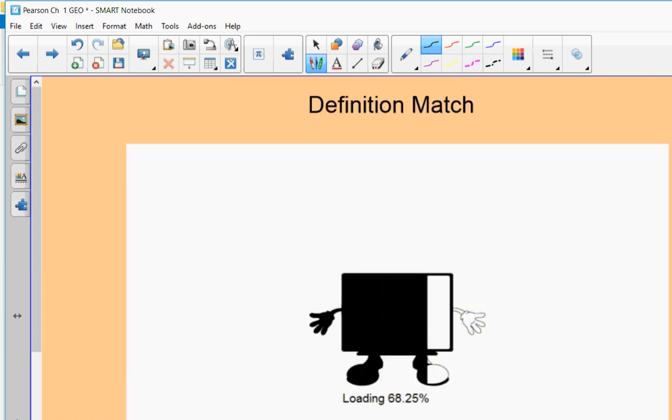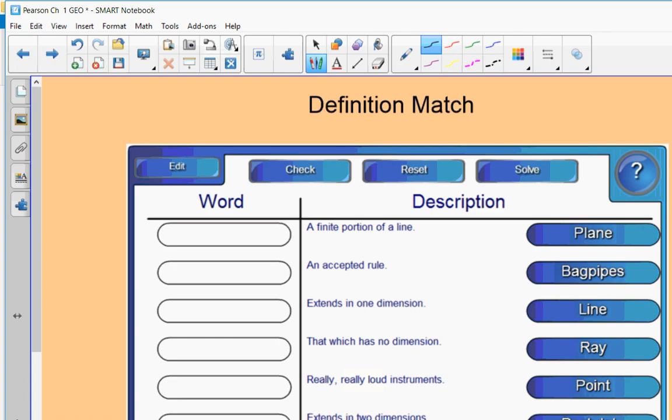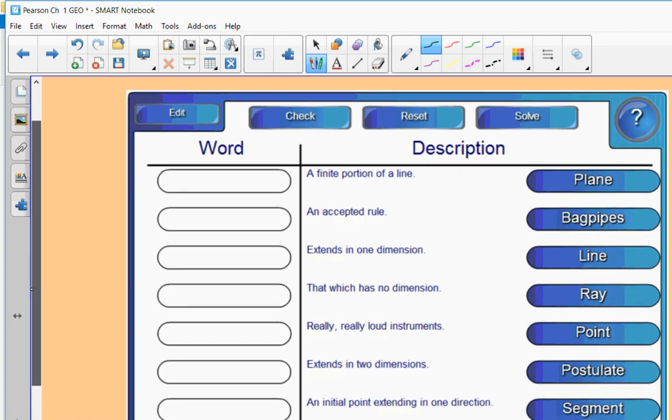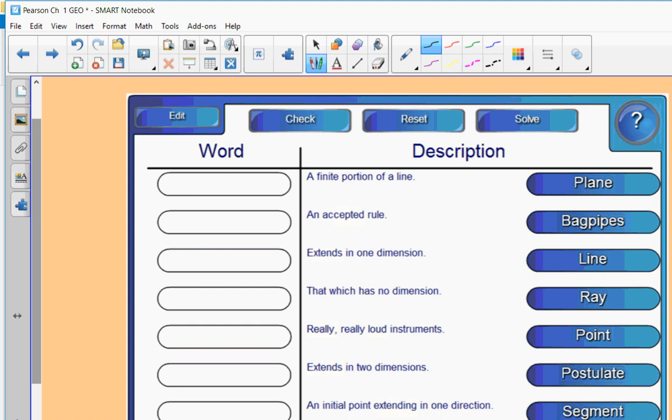Okay, this is a little matching game. It's not in your note packet, so it's just right here. So kind of do this with you. We're going to take the definition on the left and come over here and look on the right. We're going to pull hopefully the right definition to match it up with the definition and the name of it, okay?